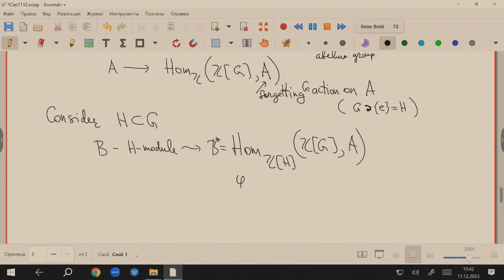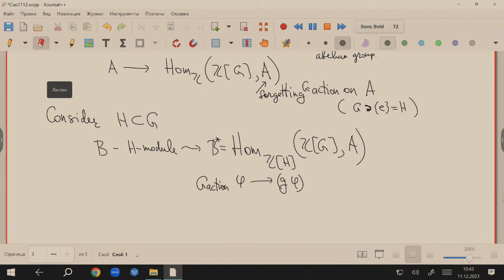If you want to take phi, we want to consider the G action on this set of Homs. So phi maps to g phi. Ah, это B, извините.